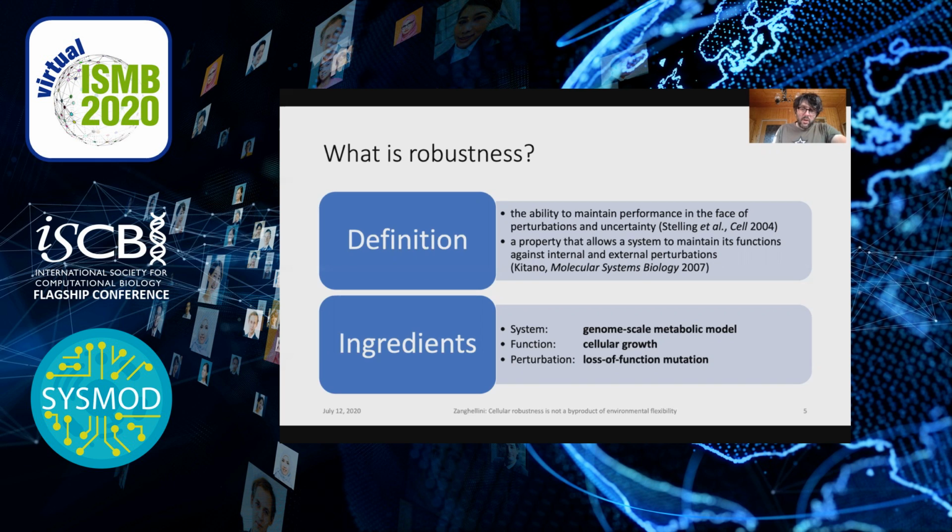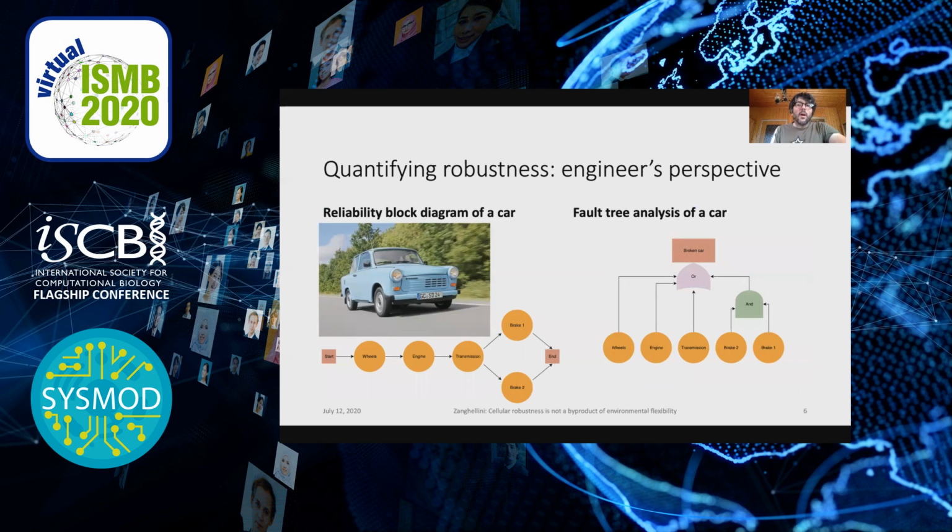And with respect to the perturbations, we look at loss of function mutations on the gene level or on the reaction level. So basically, we delete the reaction and see whether or not the organism is still able to grow.